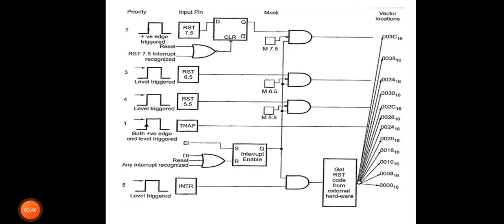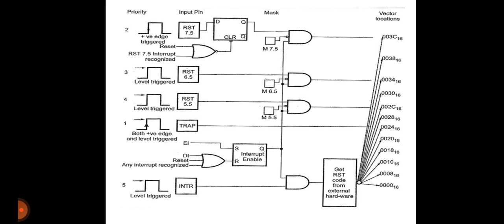The interrupt structure of 8085 has five hardware interrupts, namely TRAP, RST 7.5, RST 6.5, RST 5.5 and INTR. When any of these pins except INTR is active, the internal control circuit of the 8085 produces a call to a predetermined memory location.